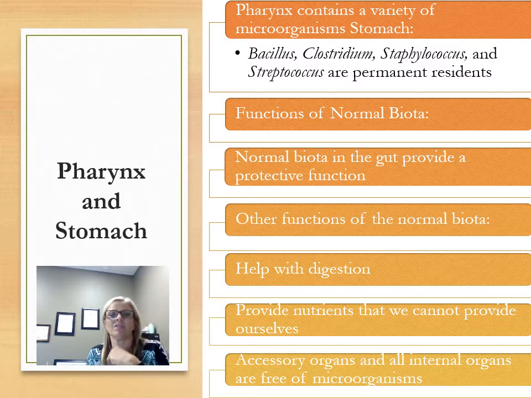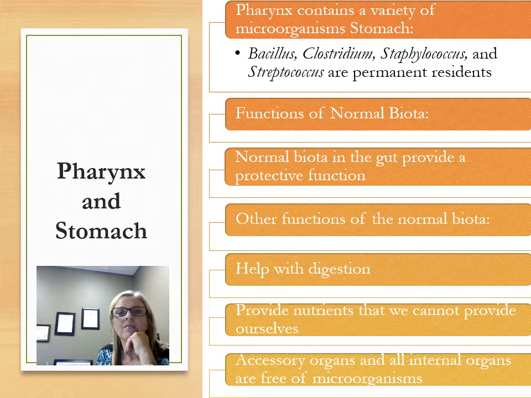Those are all permanent residents generally. It used to be thought that the stomach was sterile because it has a very low pH, but we have found that there are at least 128 different species of microorganisms found in the stomach. Some of these are just passing through, while others are actually permanent residents.